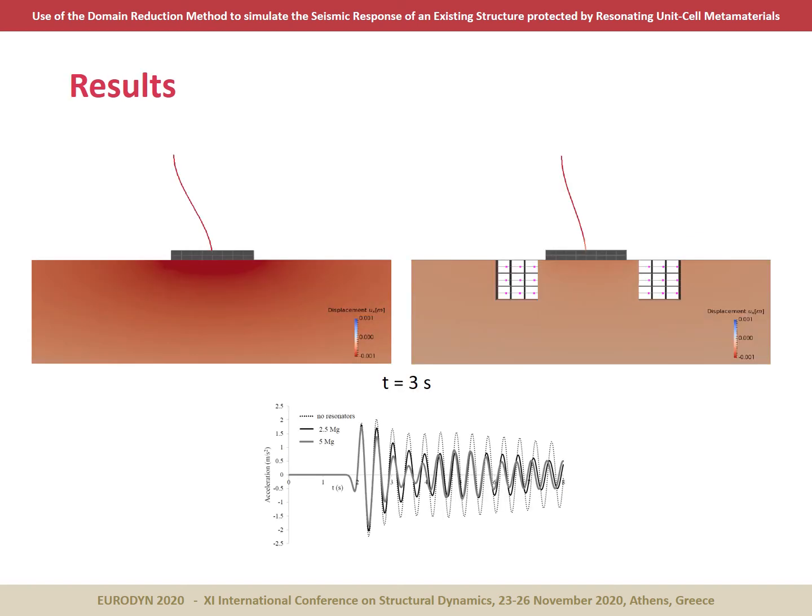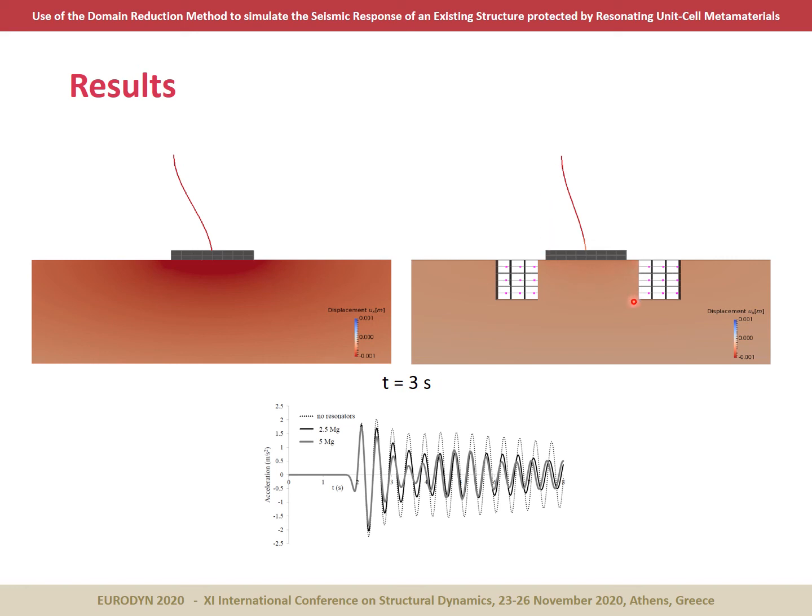And to visualize our results, we plot here the horizontal displacement contours with and without the presence of resonant metamaterials for a time instant of 3 seconds. So as you can see here at the left, where the resonant metamaterials are absent, the displacements are visibly much larger compared to this case where the metamaterials are embedded into the soil, providing some kind of protection for our structure here in the middle.